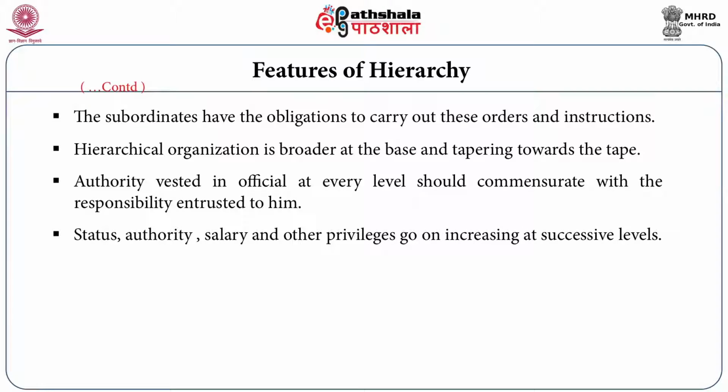In other words, at each level, the officer is entrusted with the responsibility and also given the power to carry out the responsibilities and functions given to him or her. And in hierarchy, there is a subordinate and superior. The superior will issue orders and the subordinate has to obey the orders and act accordingly. Let us go back to the figure that I have shown earlier.